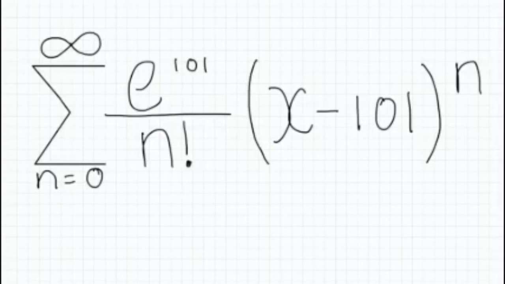Obviously, computing things like x minus 101 to the n is going to get messy, and e to the 101 is going to be a very large number. A note on this example: it's a bad example in some sense, but it's also a good example because having the 101 in there encourages you to not try to simplify this too much or work out e to the 101, because you're going to get very large numbers.